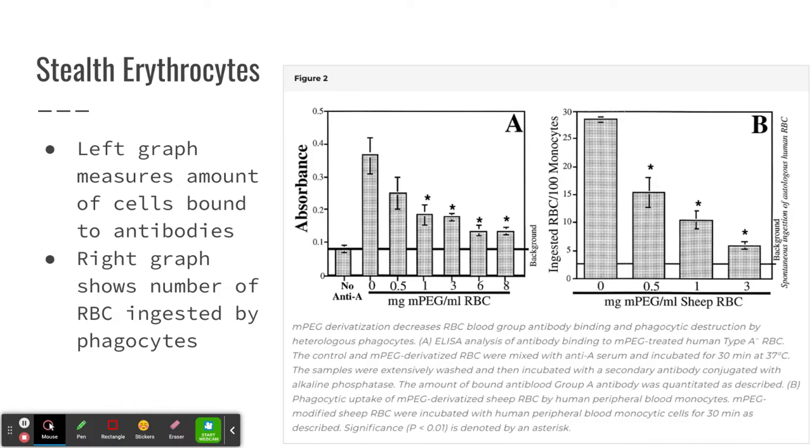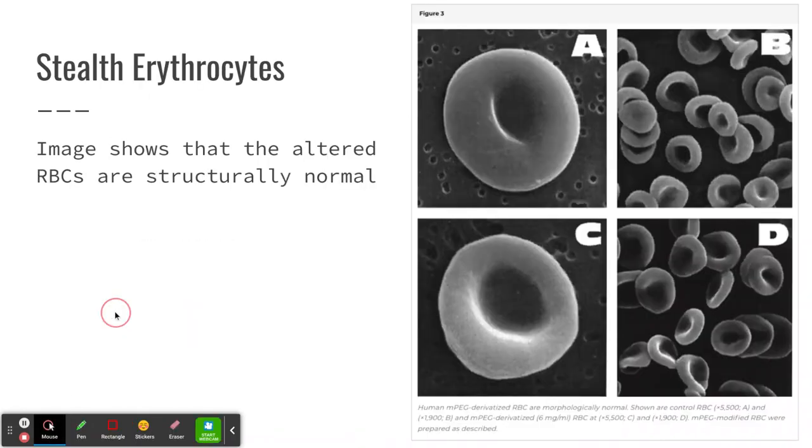So what happens when the antibodies bind to the antigen, they essentially are flagging those for destruction, and a phagocyte would come by and ingest them and destroy them. But again, as we expose them to more PEG, which would be more over here, less over here, what you're seeing is less and less cells getting ingested by those phagocytes, which is again good because that means less are being detected, which was the whole point and the whole goal behind this.